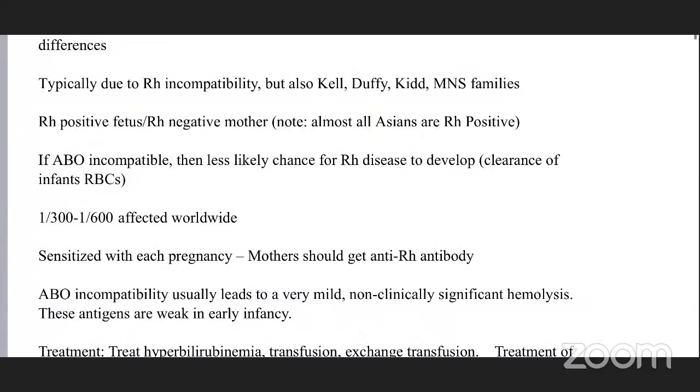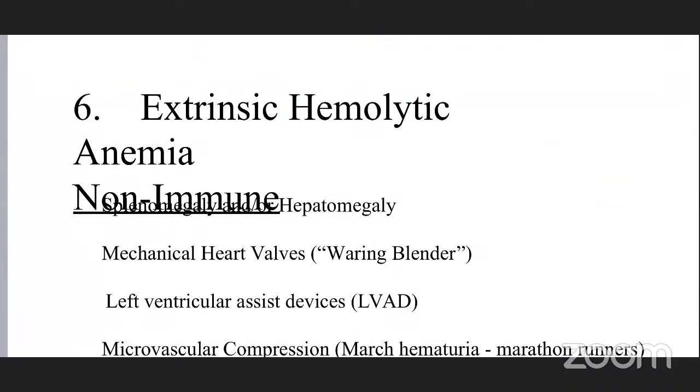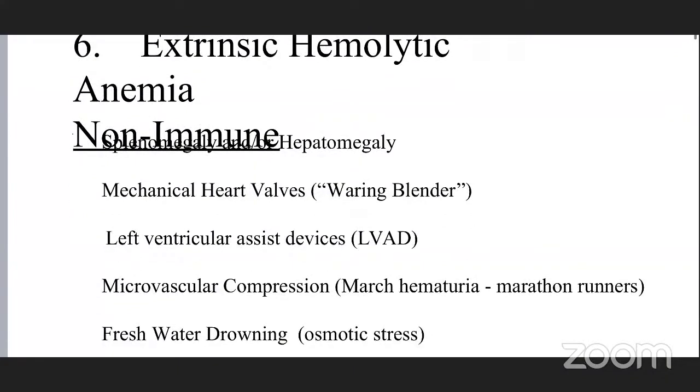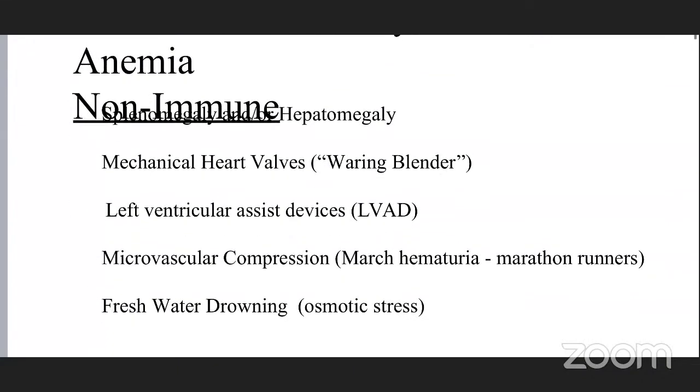I will not go deep on it. We see non-immune hemolytic anemia, which usually happens in patients with a mechanical heart valve. Any patient who has a heart problem and a mechanical heart replacement, you can see this type of hemolytic anemia.